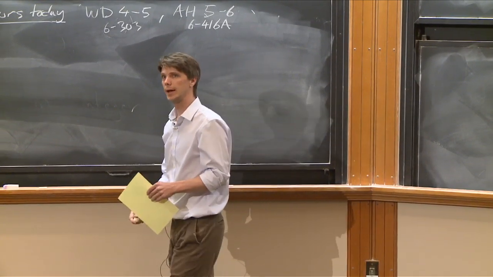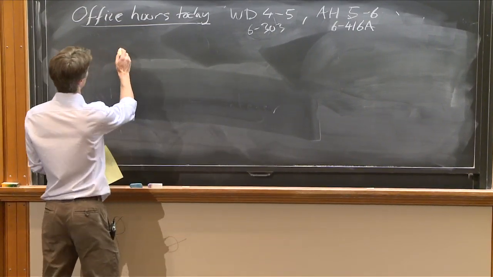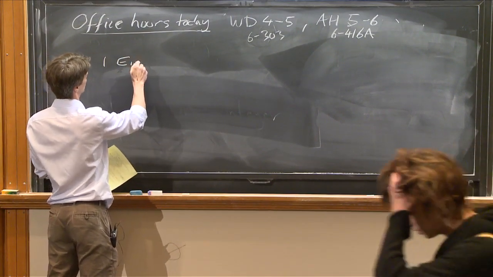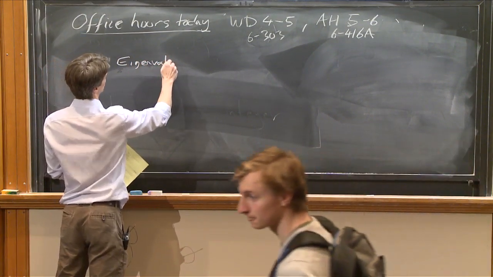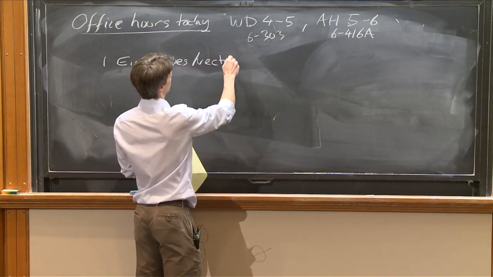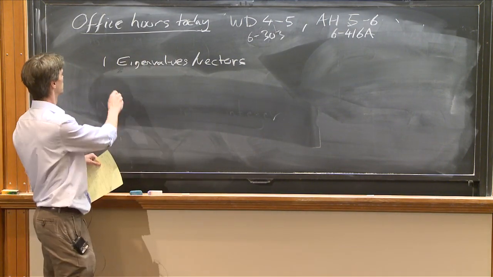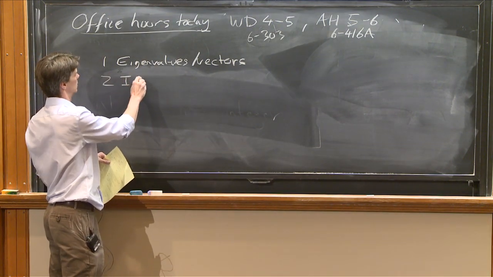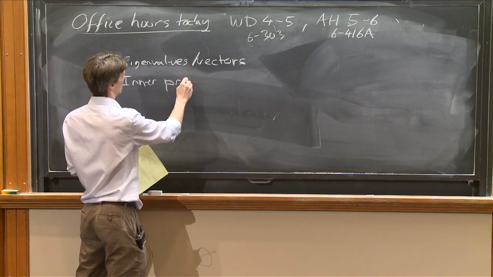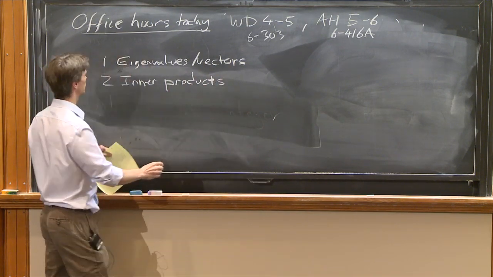So today we're going to try and cover a few things. We're going to spend a little bit of time talking about eigenvalues and vectors, finishing this discussion from last time. Then we'll talk about inner products and inner product spaces.